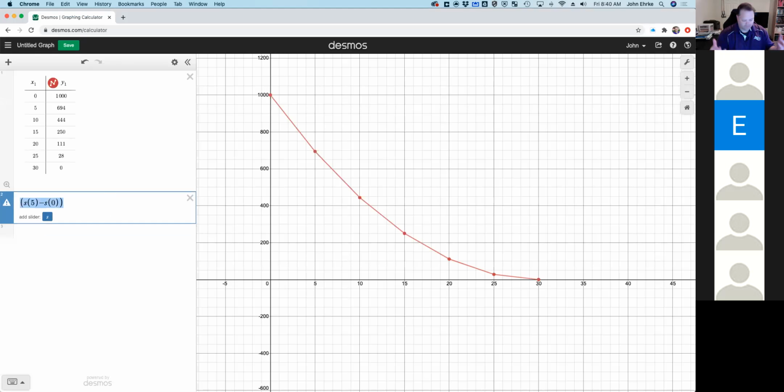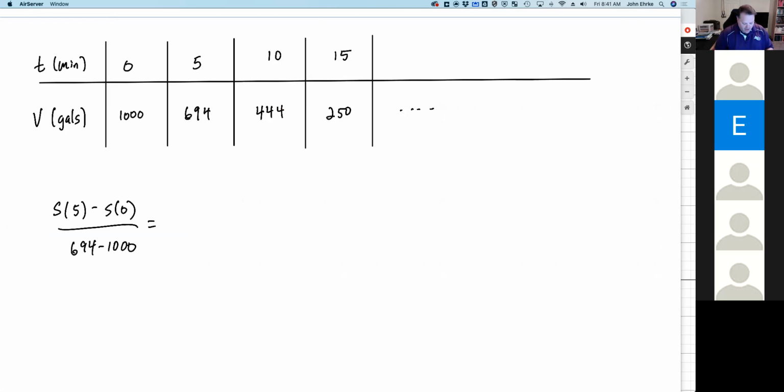Hold on 1 second. I missed a step. It wouldn't be S, it would be V, right? Because we're looking at volume as a function of time. So it'd be V at 5 minus V of 0 over, man, I screwed that up, didn't I? Over 5 minus 0. There we go.